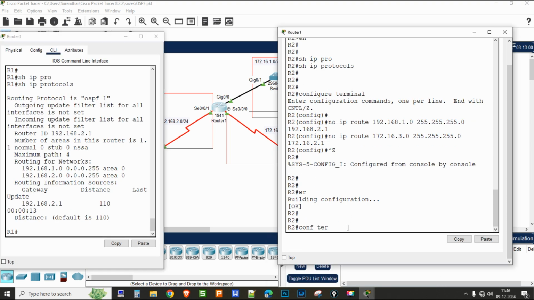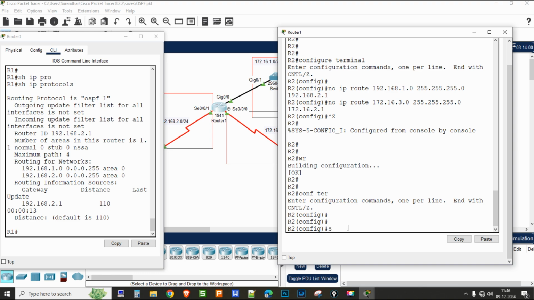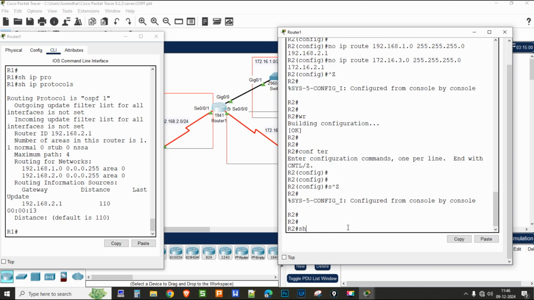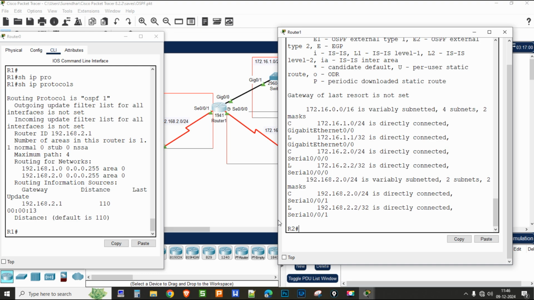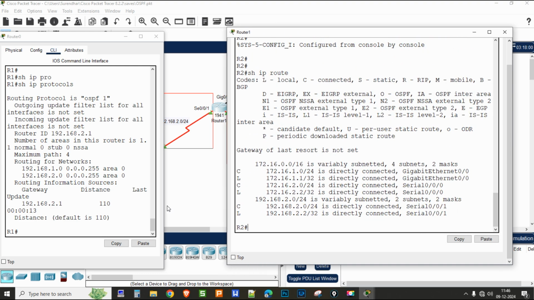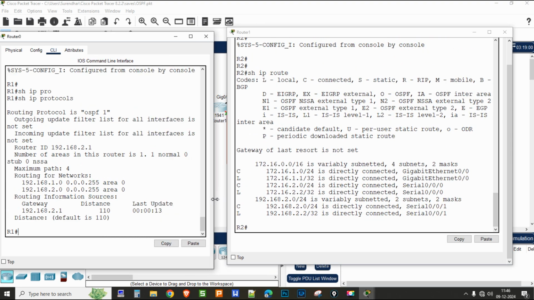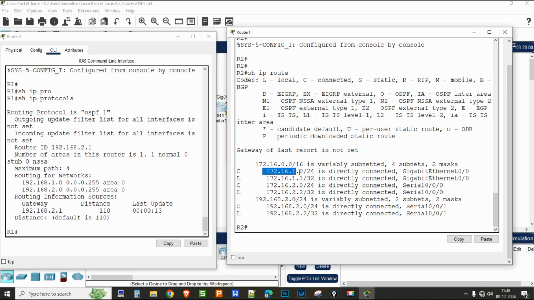Config terminal. Before that, what other networks are directly connected? With show ip route, you can see 172.16.1.0, then 2.0, then 192.168.2.0.